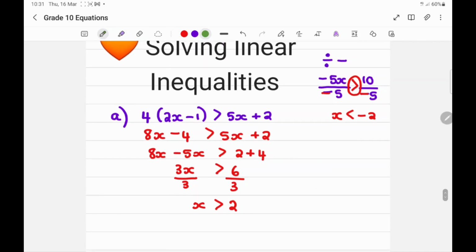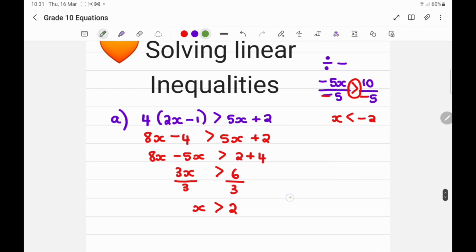And the way we always represent it on a number line, you don't have to have all the numbers. You just have to have 2 there. Then you go on top of 2 and make a big circle. We are not going to color it in because it is not inclusive of 2.